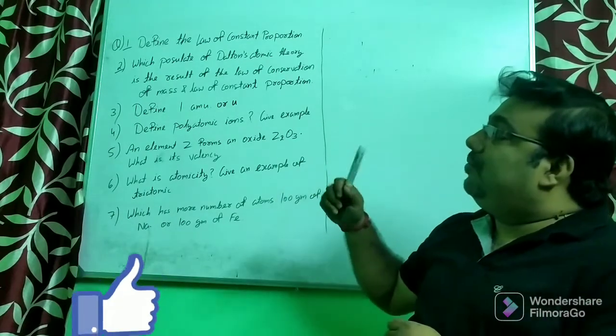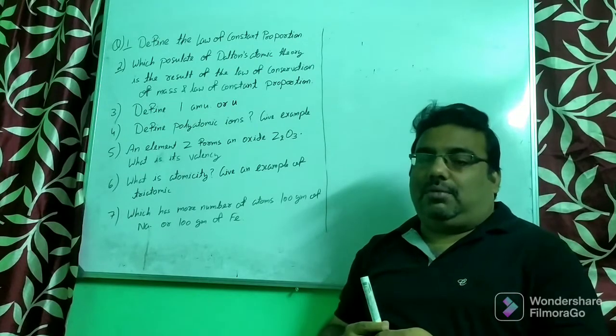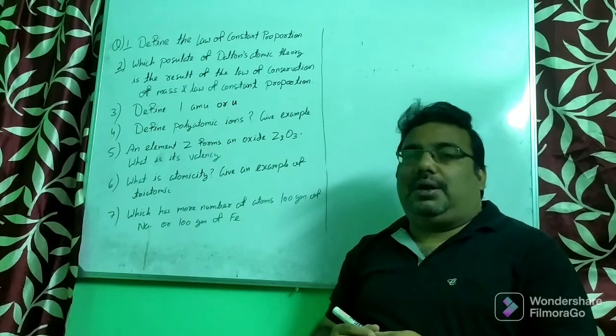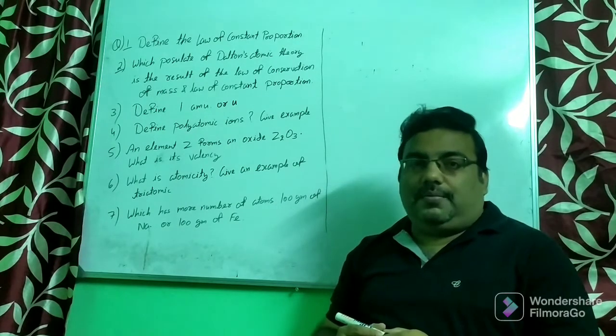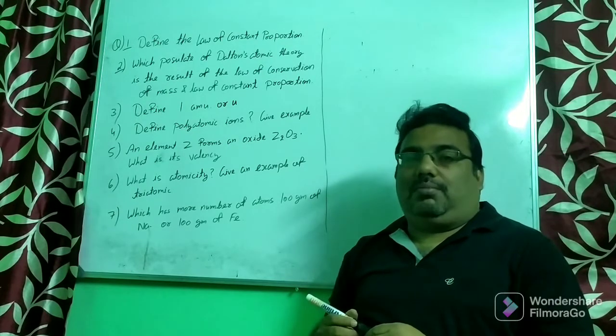Now here we have to write which postulate of Dalton justifies the law of conservation of mass. Dalton gave one postulate: atoms are indivisible, and can neither be created nor destroyed. This postulate explains the law of conservation of mass.